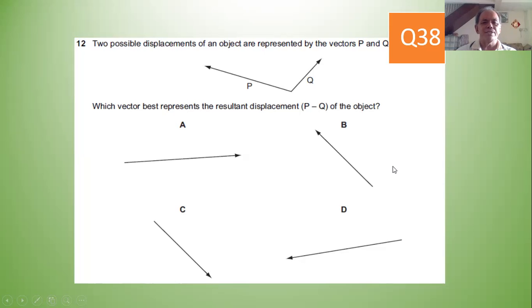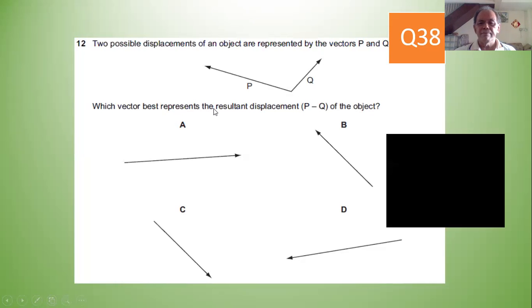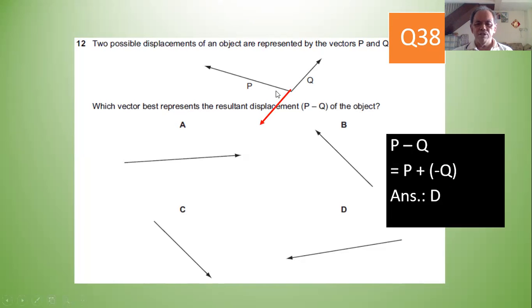Okay, let's try a subtraction. Two possible displacements of the object are represented by vectors P and Q. Which vector best represents the resultant vector P minus Q of the object? So you start with P. Remember, subtraction means P plus minus Q. You can use the parallelogram rule.